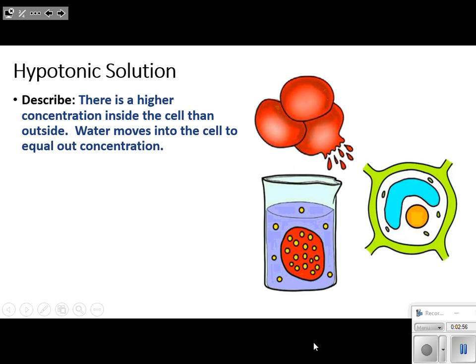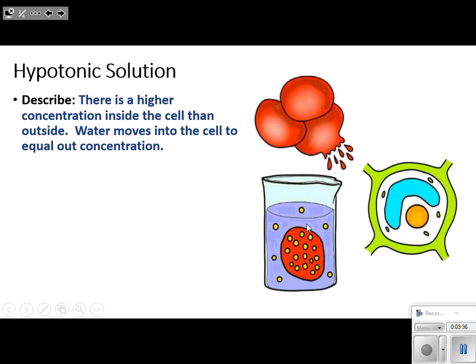Now, if you look right here at this cell, we have a higher concentration of the little yellow dots inside the cell than we do outside the cell, right? So water is going to move inside that cell to try to equal out the concentrations of yellow dots. Okay?